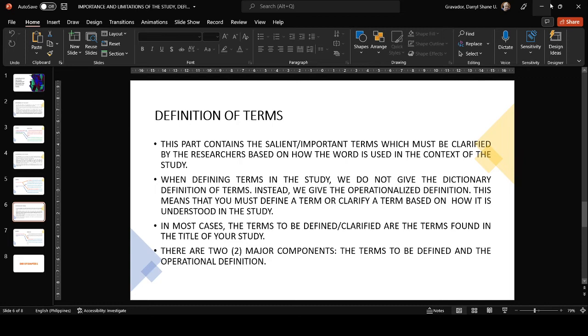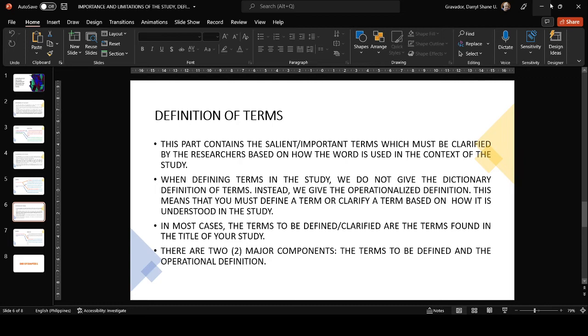So allow me to give you an example. When we say the word teenager, the dictionary definition or the common understanding is that that is a person aged 12 to 17, probably. Okay? So if you are within that age range, then basically you are still considered as a teenager.